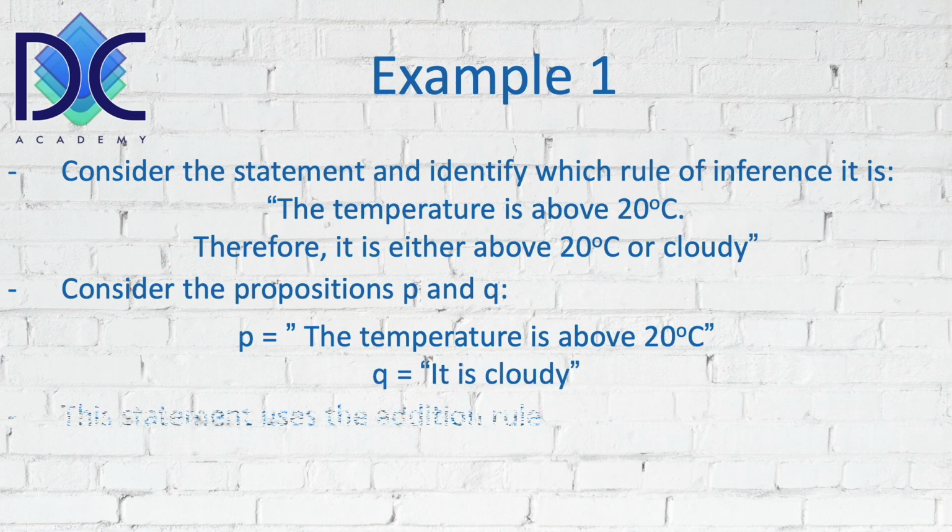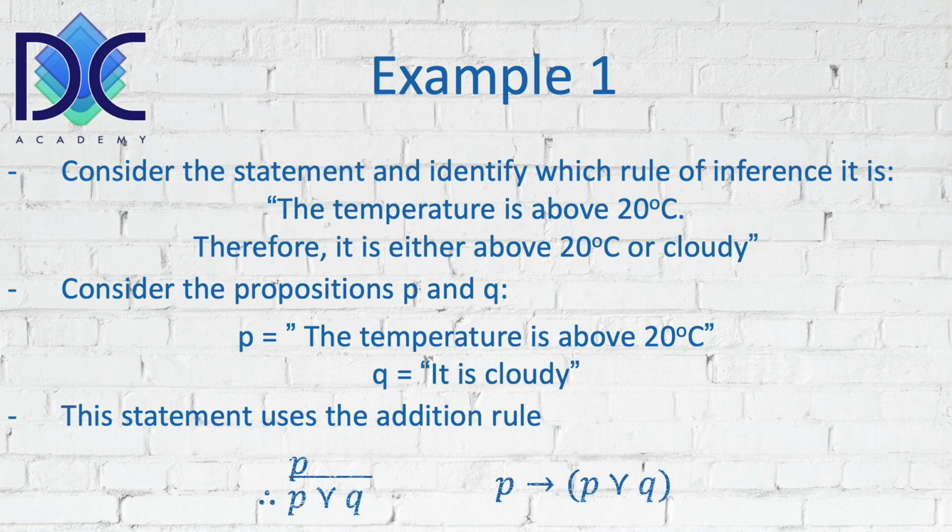We can now rewrite this and identify it as the addition rule. P means the temperature is above 20 degrees. Therefore, it is either above 20 degrees or cloudy. So P implies P or Q.